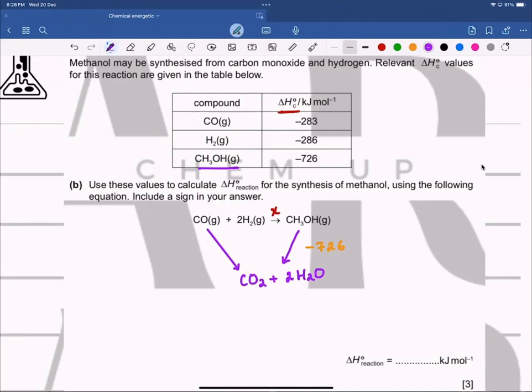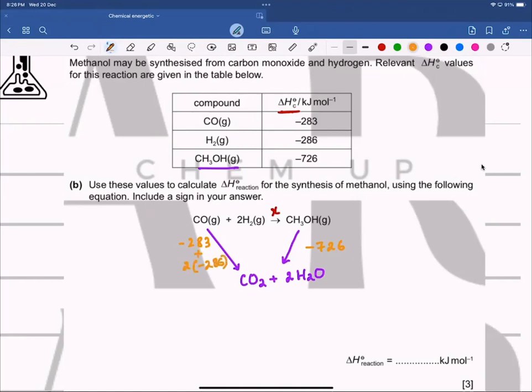When the formation is there, then we will put the elements, but when combustion is there, we are going to put the combustion products. So 1 mole of carbon monoxide is combusting, so its enthalpy change is minus 283, and 2 moles of hydrogen is undergoing combustion, so it is twice of minus 286.